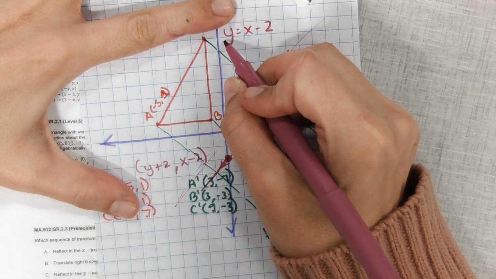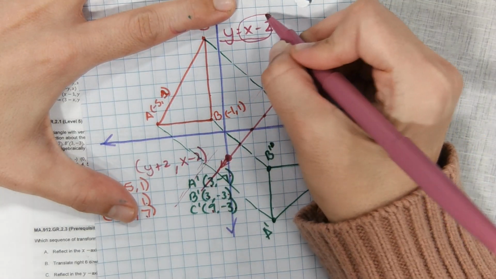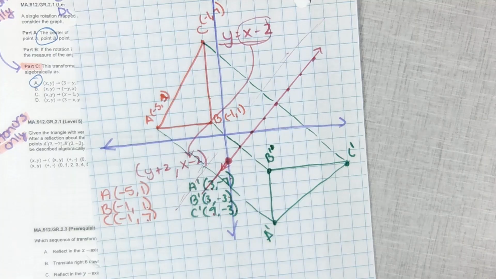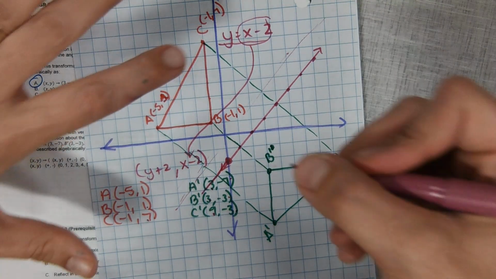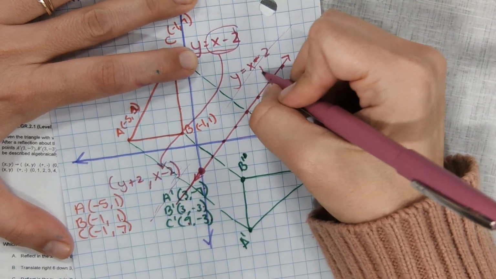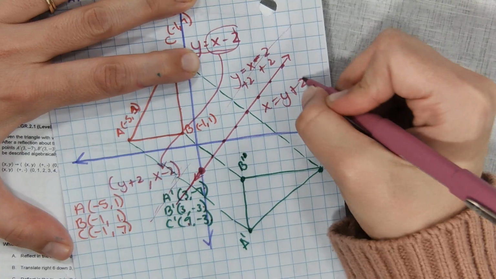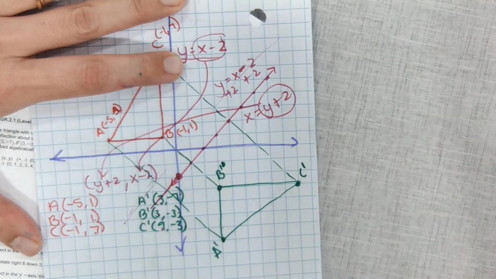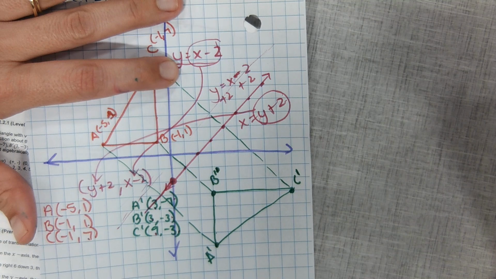This is the equation of this line. Y equals x minus 2. And then if we solve this for x, like add 2 to both sides, x equals y plus 2. Isn't it cool?